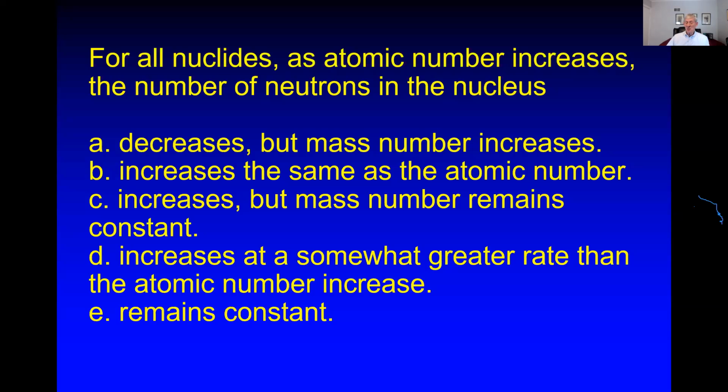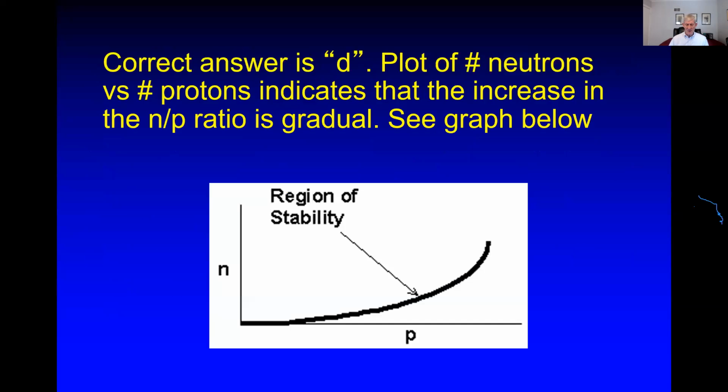Okay, so does it increase the same as the Z number? That is, is it a linear increase? No. Does it increase, but the mass number remains constant? No. Does it increase at a somewhat greater rate than the Z number? Yes, that's the right answer. I think I might have a little graph here for you. So this is gently sloping upward.